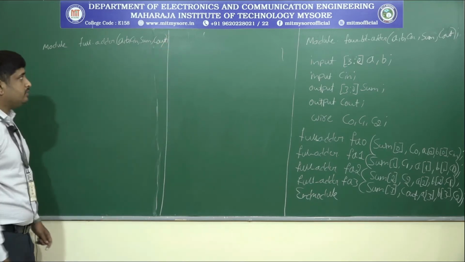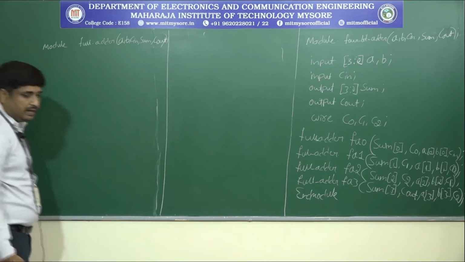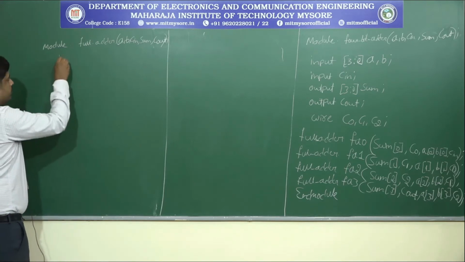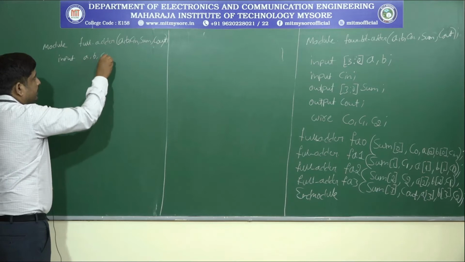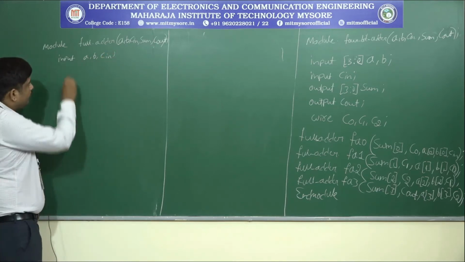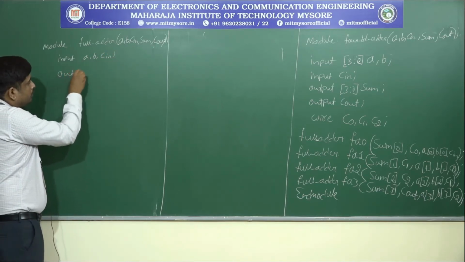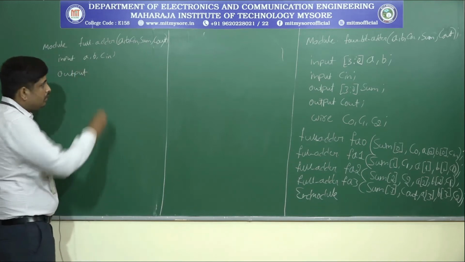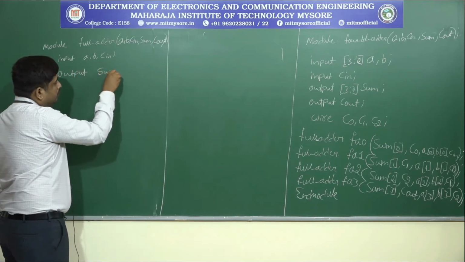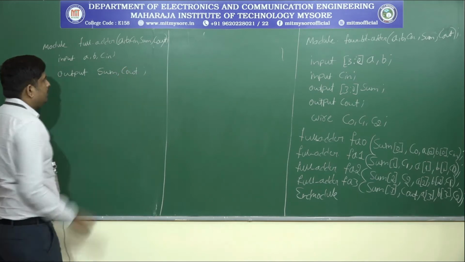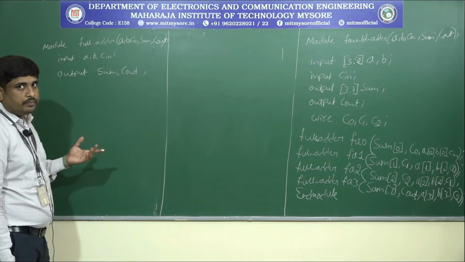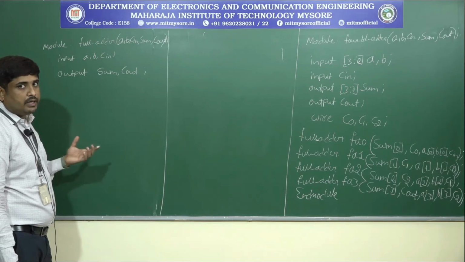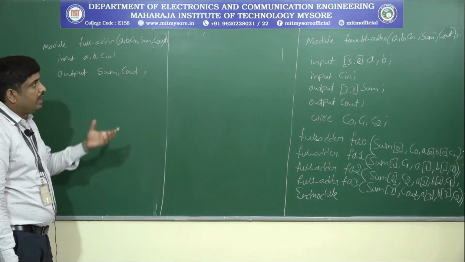Then after this, as usual, input and output declarations. What are the inputs? A, B, Cin are the inputs, then the outputs are sum and carry out. Then after this we have to write the logic for each and every operation.